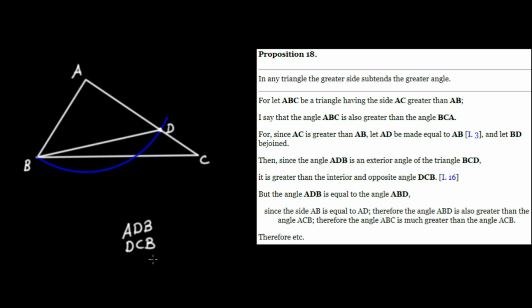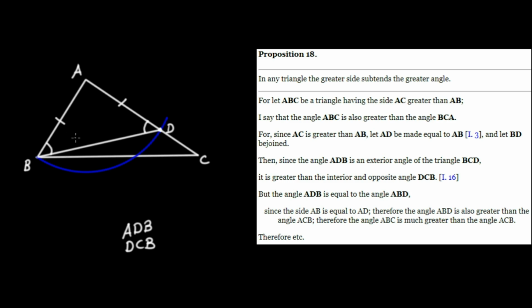Now also note that since we have AD being equal to AB, it follows from this that ADB is equal to ABD. Now, why is that true? Remember proposition number 5. If we have two equal sides here, in this triangle ABD, it follows that the angles opposite are equal, since this is an isosceles triangle.